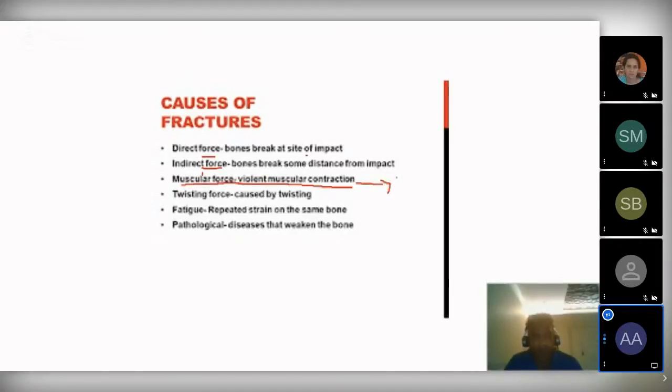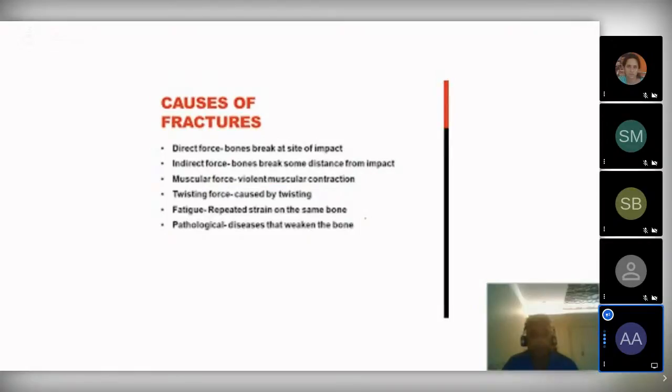An example for this is fracture of the patella. With severe contraction of the quadriceps, there can be avulsion of the patella. Similarly, tendo Achilles avulsion can happen. If strong muscles contract excessively in sports or otherwise, you will have a fracture. These are avulsion fractures. Understand?